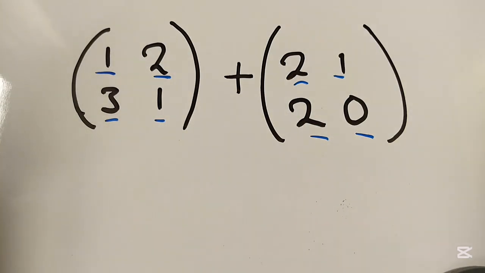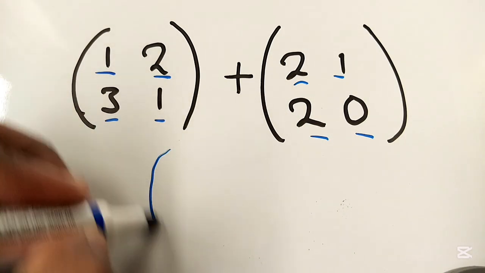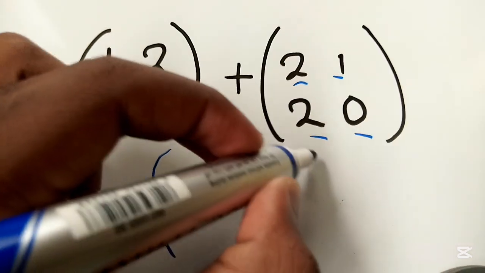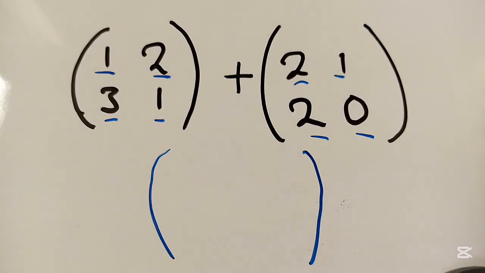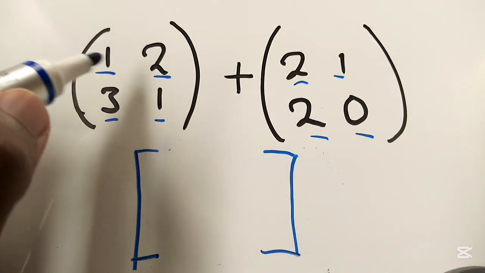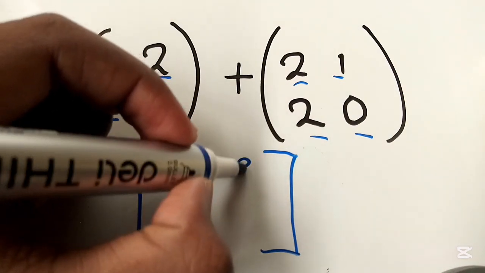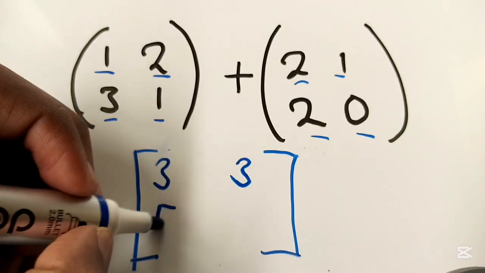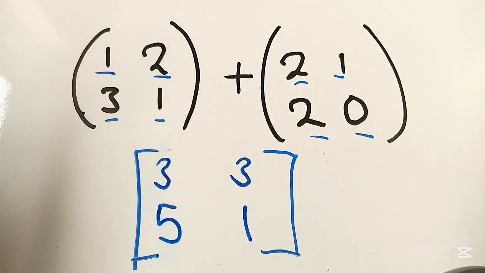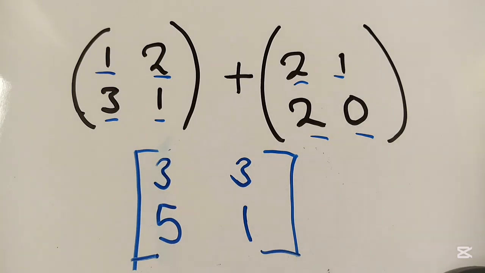Now you're going to have your new matrix. 1 plus 2 is 3, 2 plus 1 is 3, 3 plus 2 is 5, and 1 plus 0 is 1. Therefore, that is your new matrix: 3, 3, 5, 1.